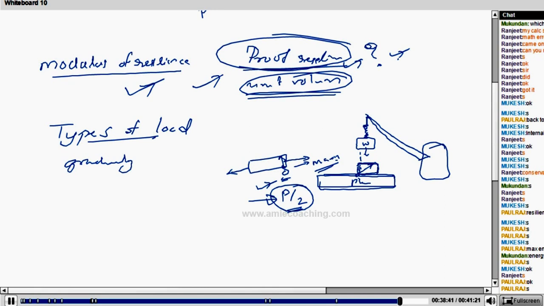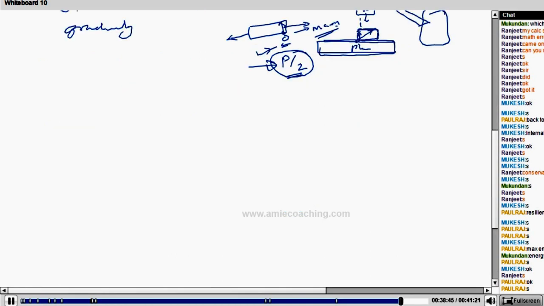Now we are moving to explain this gradually applied load. Please consider a metallic bar where P is the gradually applied load, A is the area of the bar, L is the length of the bar, and E is the elasticity. After placing, the full load is at rest.